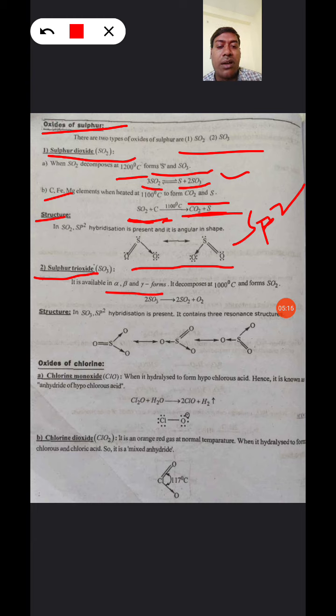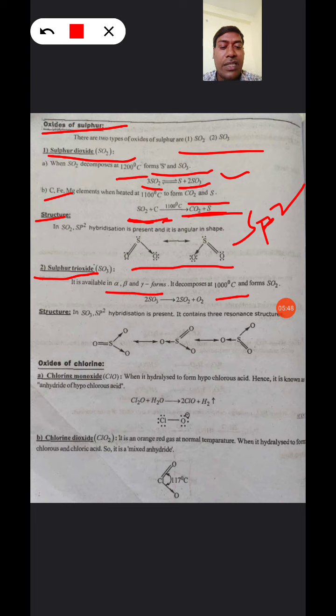When it decomposes at 1000 degrees centigrade temperature, it forms sulfur dioxide.